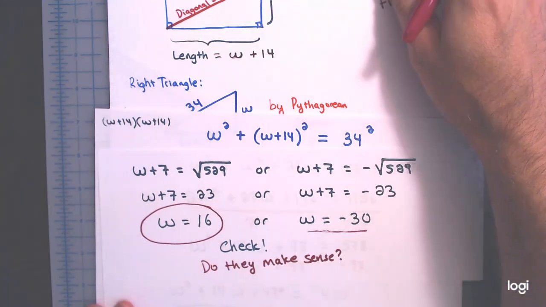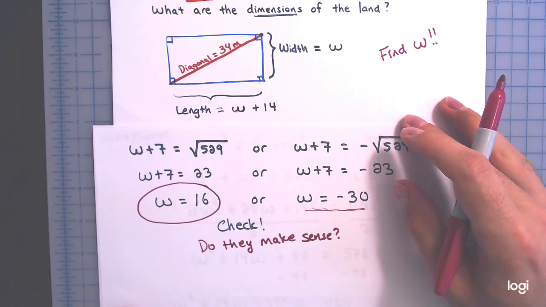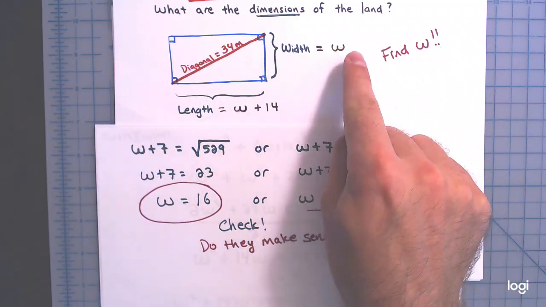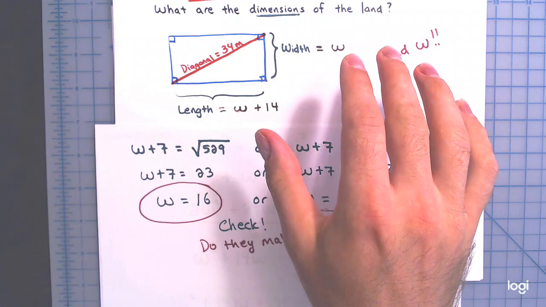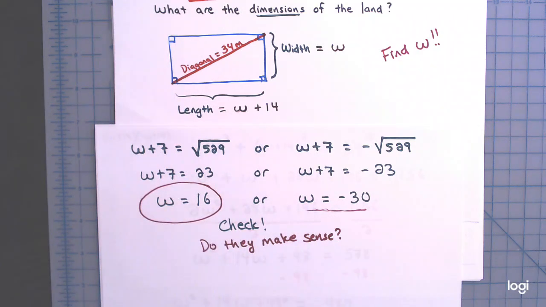Because think about what the problem was. Here's my diagram. We were talking about a rectangular plot of land. We were talking about lengths. Remember, W was the width of this rectangle in meters. So having a width of 16 meters actually makes sense. That's a positive quantity. Length is a non-negative quantity.